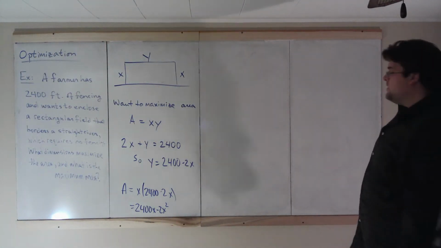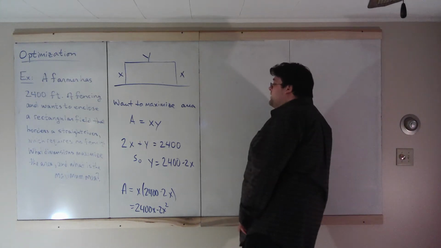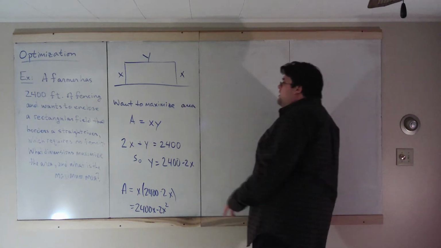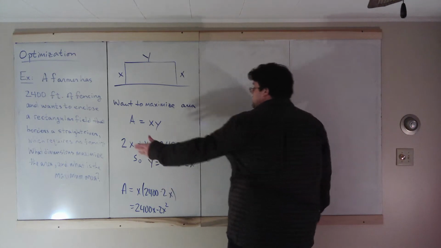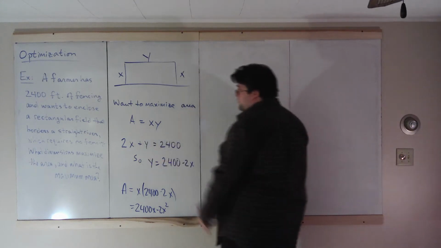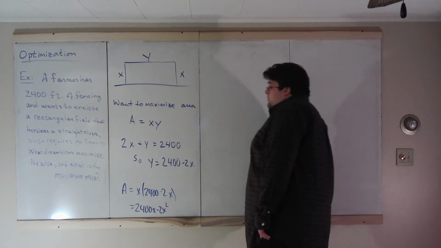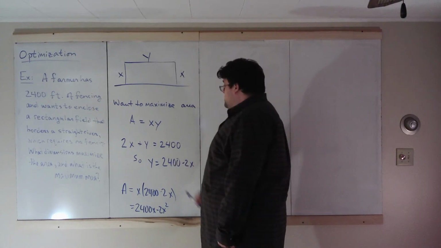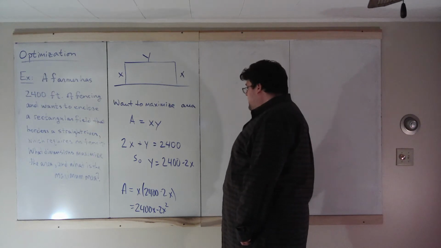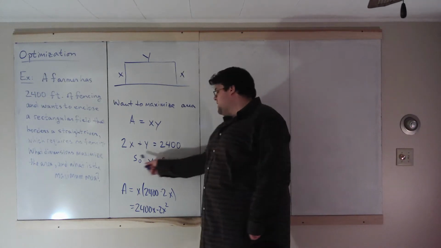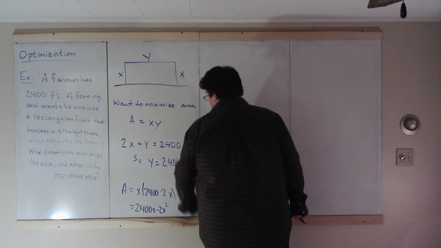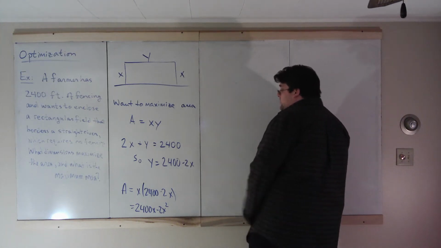Now, we have a function. To directly apply the extreme value theorem, we would like to find a closed and bounded interval of x values. Now, not all x values work here, because we have this constraint. x equals 1,000,000, for example, won't work, because x and y are always going to be positive values. It's probably easiest to see with this y equation, our constraints on x. So this y value from y equals 2,400 minus 2x, the largest that can be is 2,400.